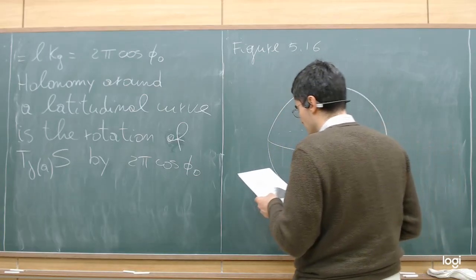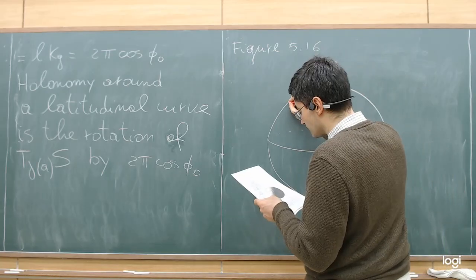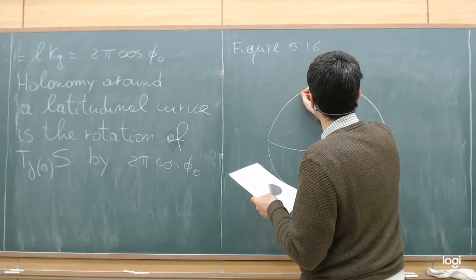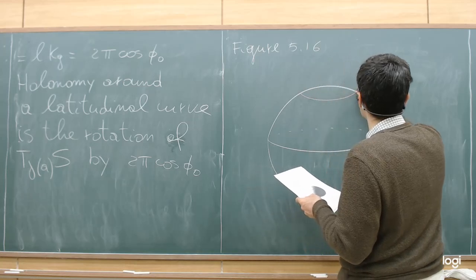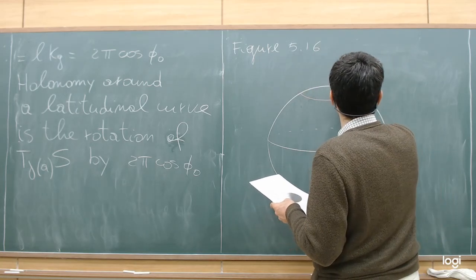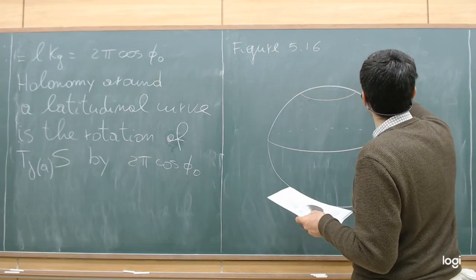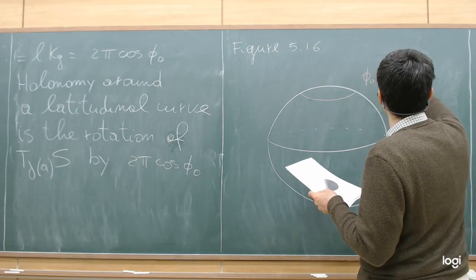And let's consider the latitudinal curve corresponding to a value of phi 0 equal to 20 degrees.